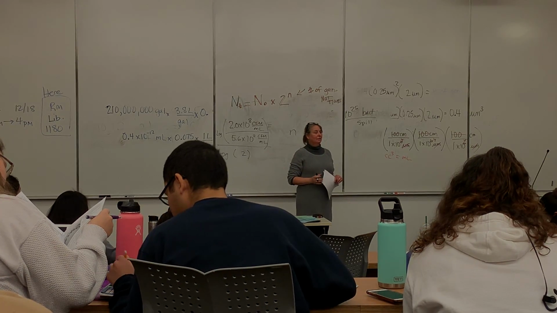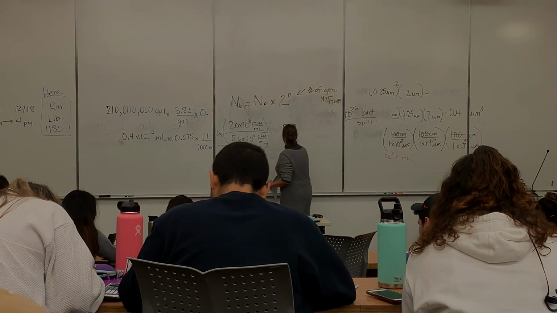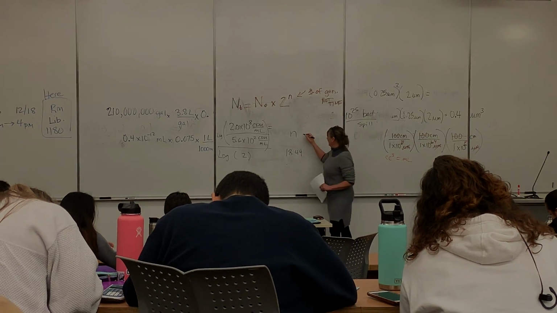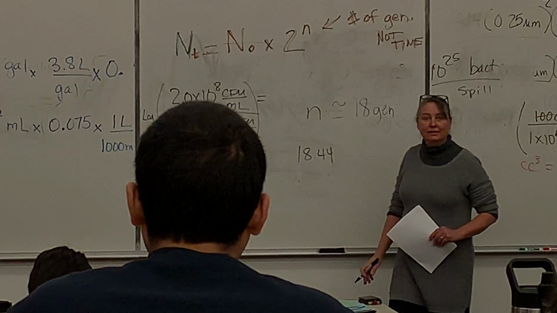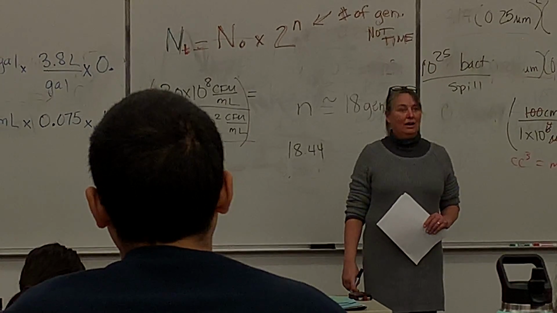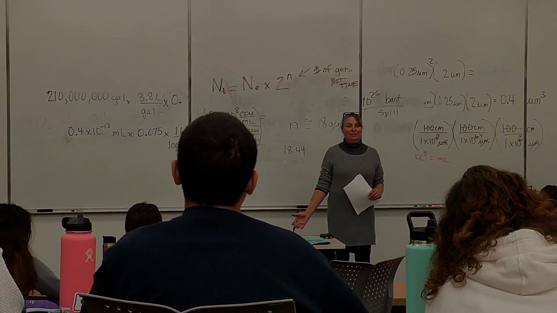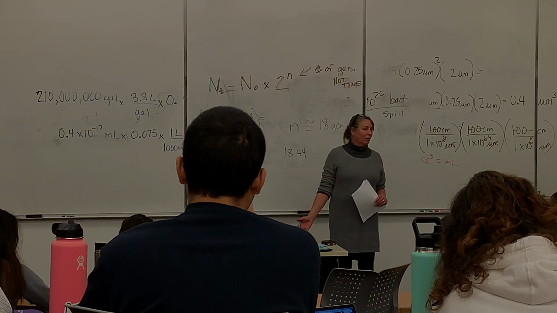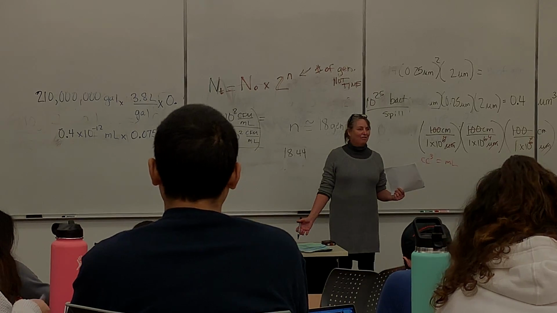What do you got, Emmanuel? 18.44. So n is roughly 18 generations, right? So it's 18 days if you got a 1 in question 1. If you had a different value in question 1, the exam I'm looking at, they estimated 2 days using the graph.